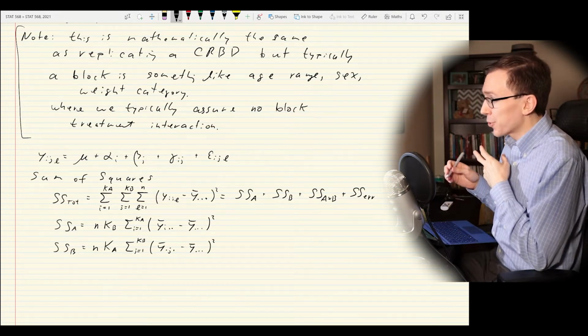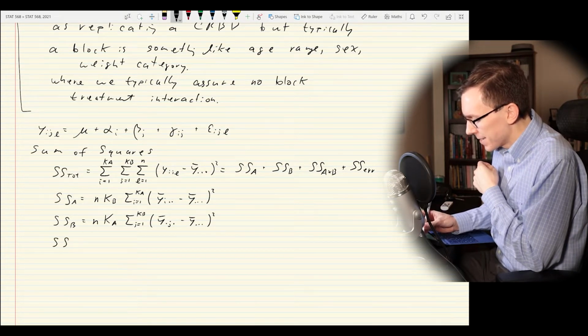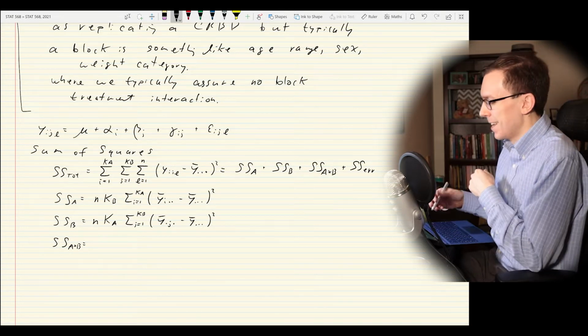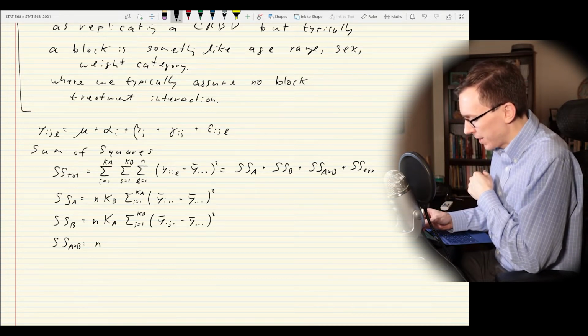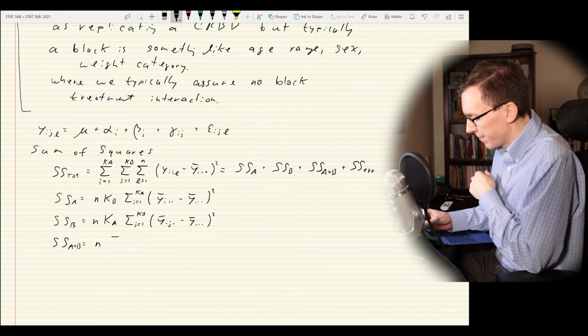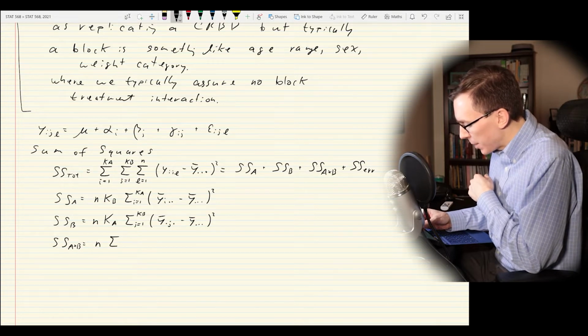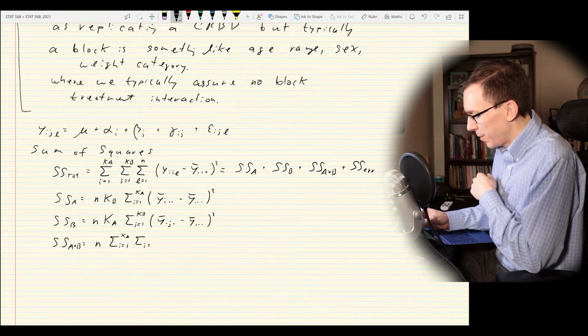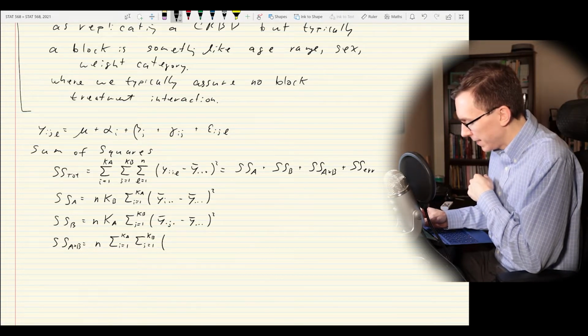All right. The interaction term is going to be a little bit different because we didn't have this in the last design, so it's worth writing down. In this case, we're still summing over all of the replicates, so we still have an n out front. Summing over l has no effect but to add this thing to itself n times. So now we sum j from 1 to Kb and i from 1 to Ka, and what we have is y bar ij dot.